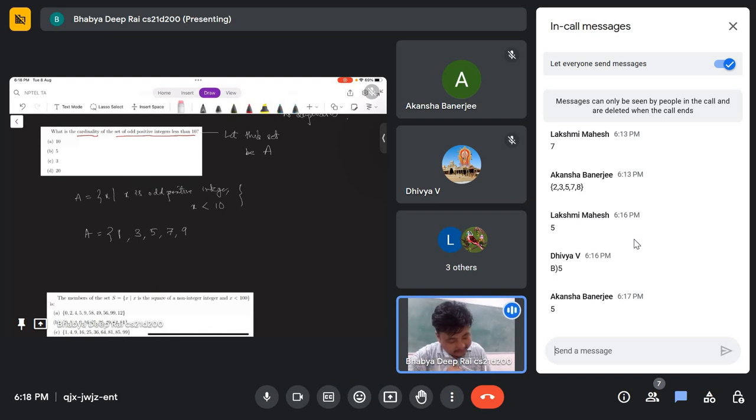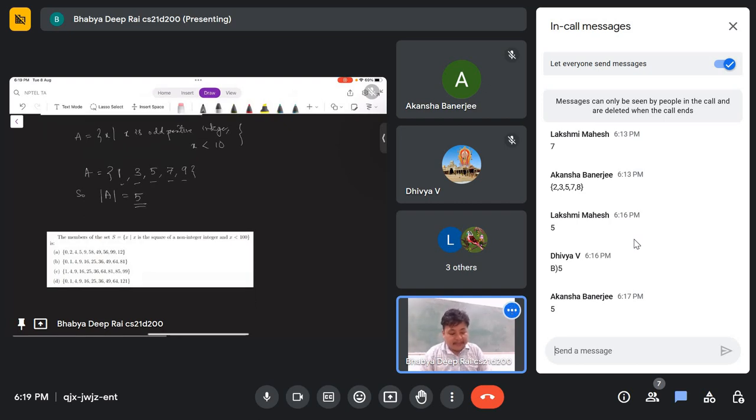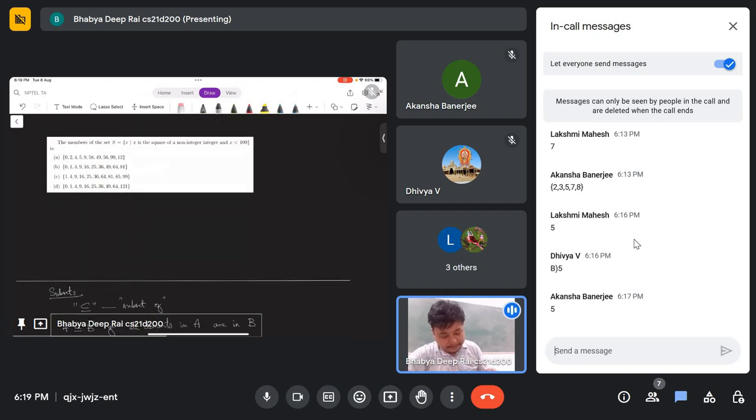So this is my set A. The size of A is 1, 2, 3, 4, 5. 5 is the answer. I think all of you have answered correctly. The cardinality of A is 5. Good. Now let's move on.